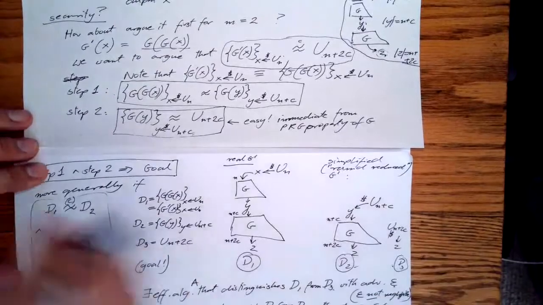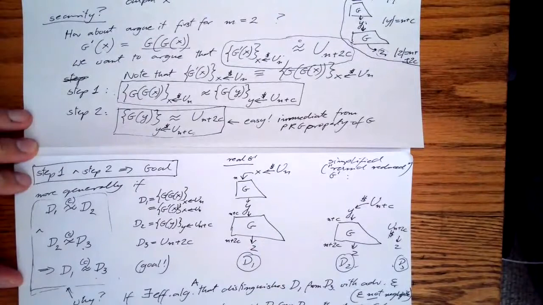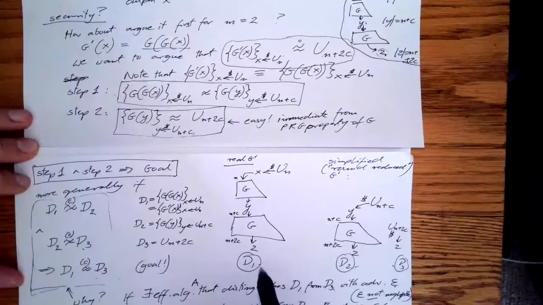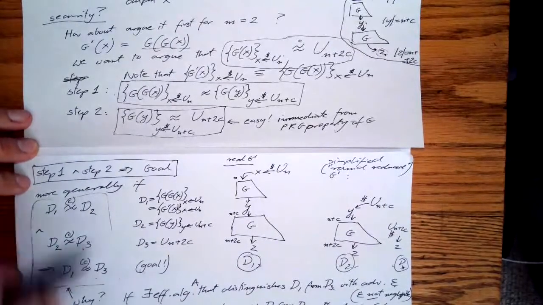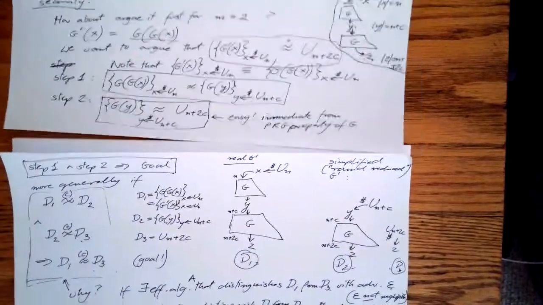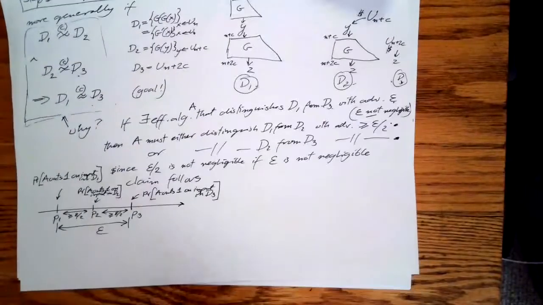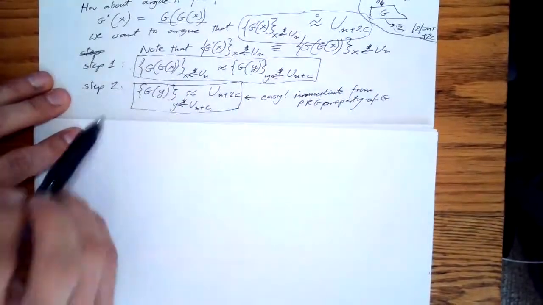That these 2 are indistinguishable, this is part, and this just follows immediately from security of a PRG. If I can argue this claim that these 2 are indistinguishable, I'm done. I will have that D1 is indistinguishable from D3, and therefore I'm done, right? So let's look at how this is done still. So what remains is arguing this claim.